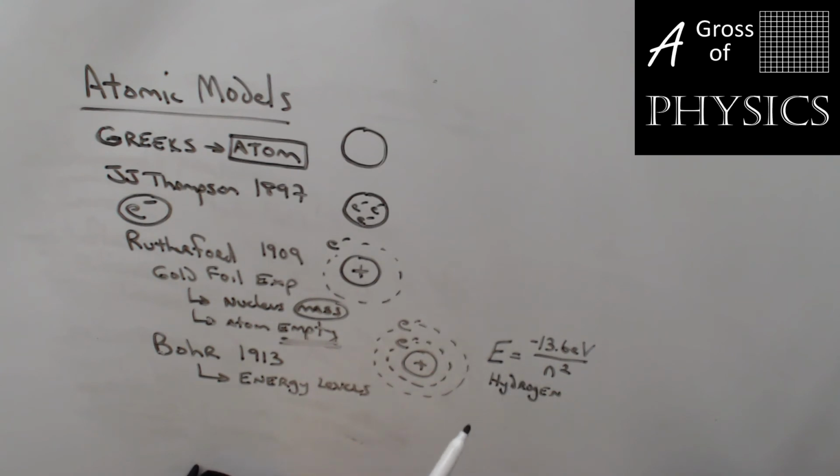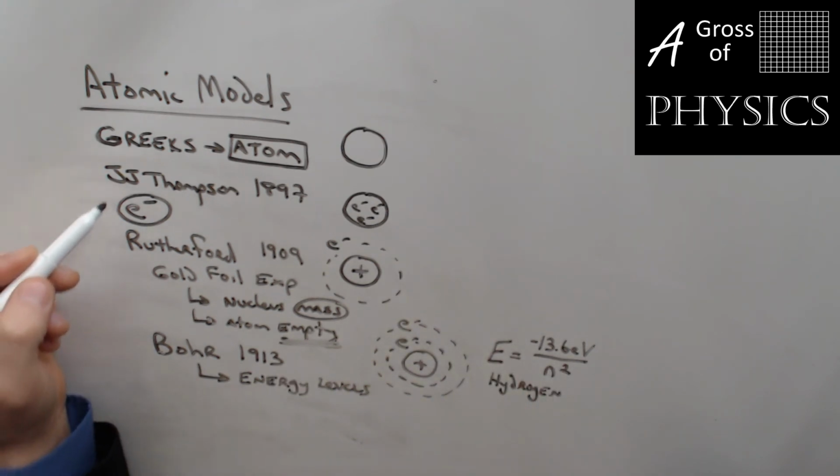It's negative 13.6 electron volts over n squared, and n is the energy level. So we have 1 squared, or 2 squared, or 3 squared, or 4 squared, and etc. Now, unfortunately, this equation only really works perfectly for hydrogen because it has the simplest structure. It has a single electron and a single proton. As we get more complexity, this doesn't hold up.